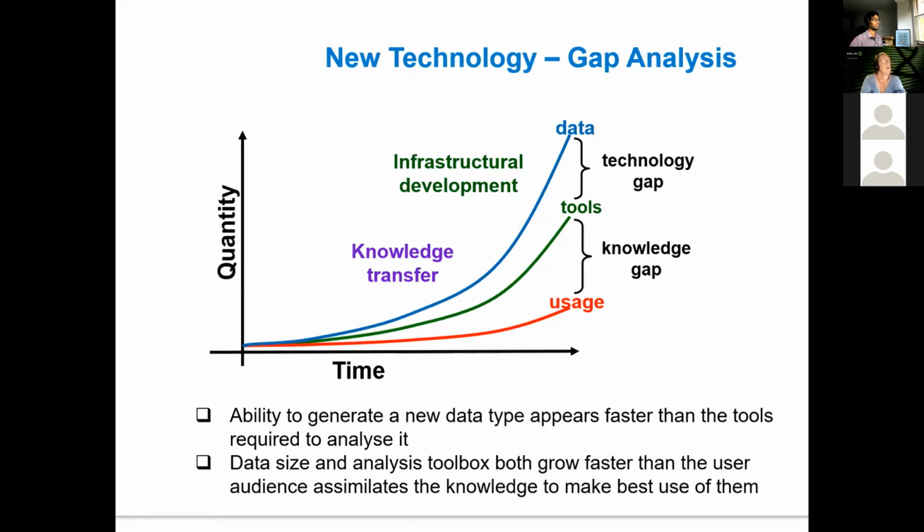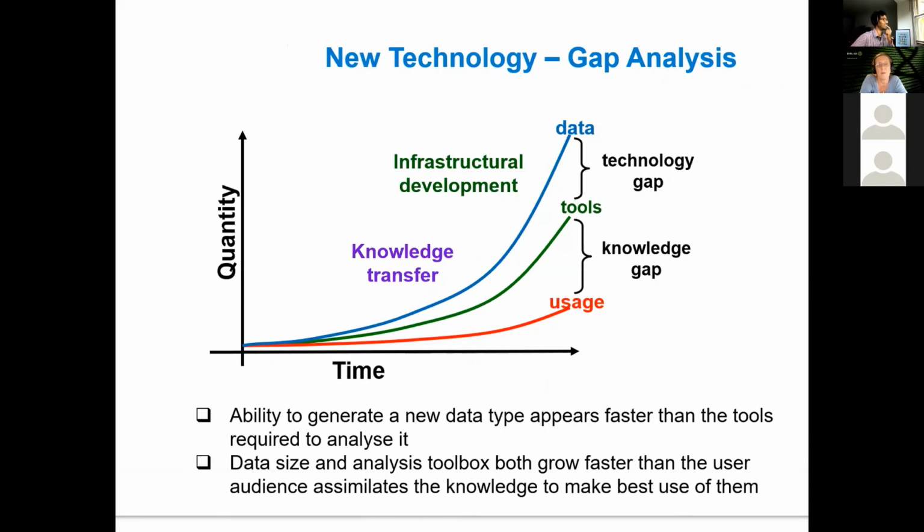So what happens when a new disruptive technology comes in? Well, generally, and this is all very highly generalized, the ability for a biologist to generate a new data type using a new technology tends to appear faster than the tools that are needed to analyze that new type of data from that new technology.